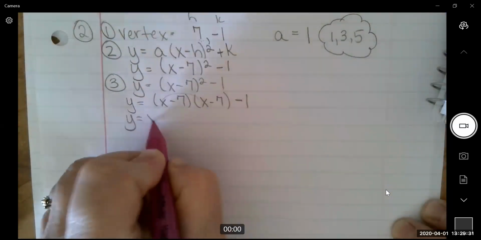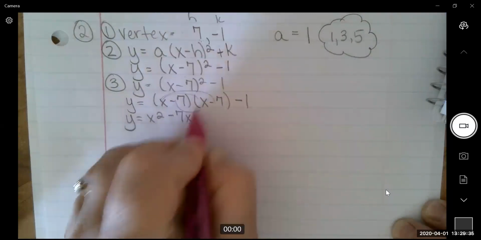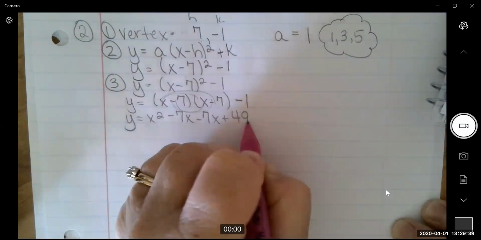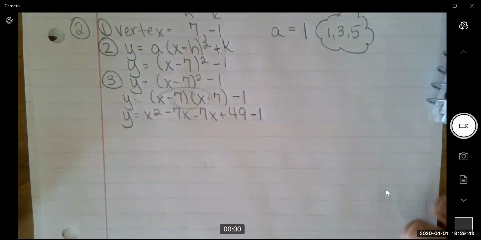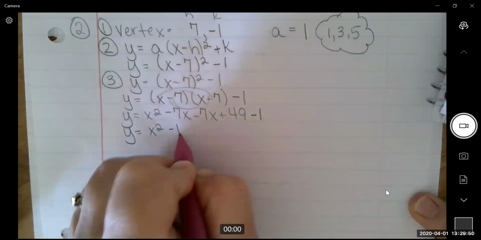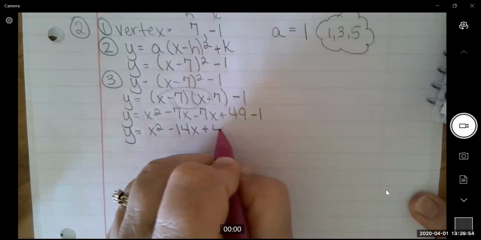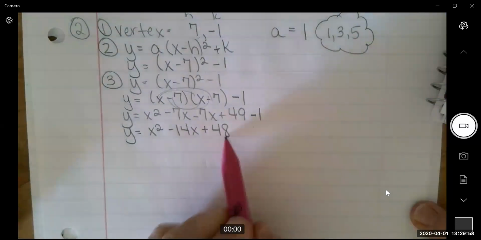So x squared minus 7x minus 7x plus 49 minus 1. From here, we need to combine like terms. So we should have y equals x squared minus 14x plus 48. 49 minus 1 is 48.